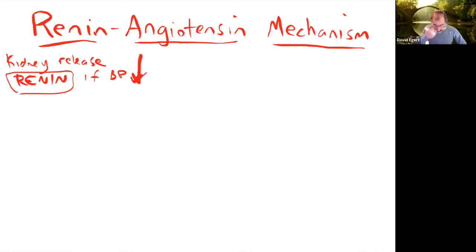Again, we'll meet renin again when we get to the urinary system. It's being released ultimately in the juxtaglomerular apparatus, and we'll see more detail about it. But for right now, let's step back and realize, okay, kidneys are noticing blood pressure drop, and now renin is being released.